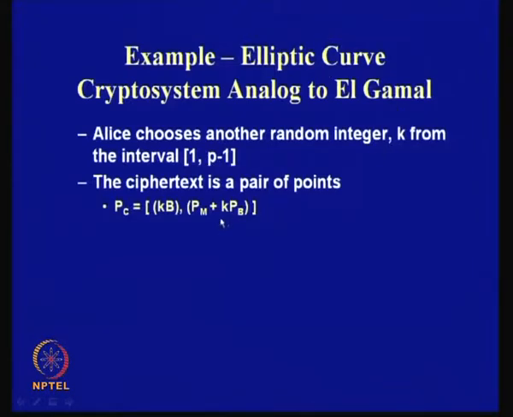Therefore, it is called an elliptic curve crypto system, which is analogous to the Elgamal crypto system. You add Pm to k into Pb. Pb was Bob's public key, which you have multiplied with k.